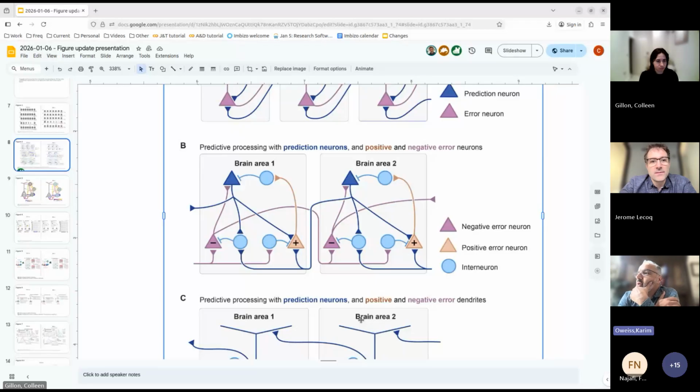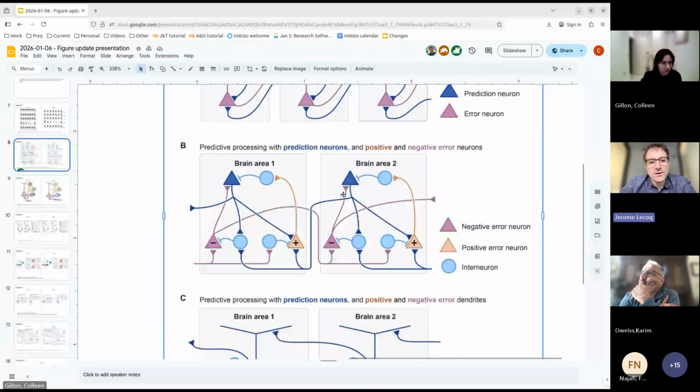I understand, but the figure makes it clear that the negative errors project directly to the pyramidals, whereas the positive errors project to an interneuron intermediary. Yes, this one goes through the interneuron, and then the interneuron inhibits the pyramidal at the higher layer. Whereas this is not the case for the negative error pyramidal.